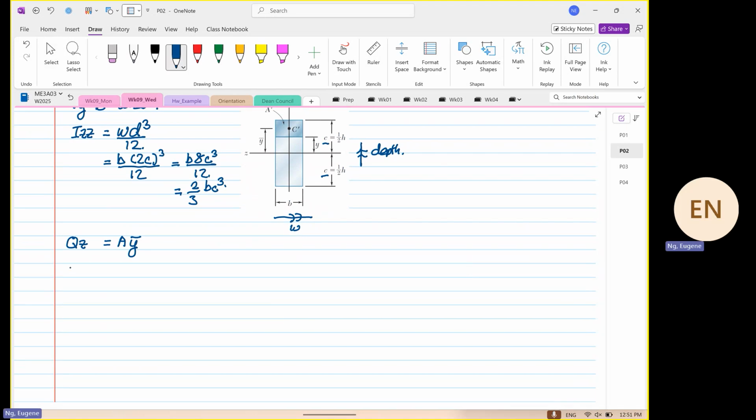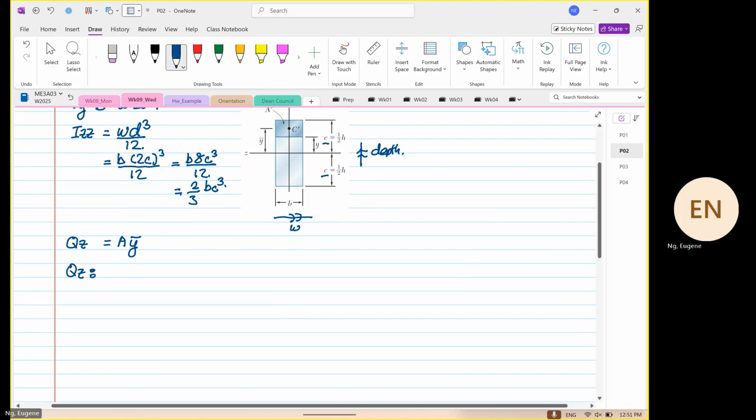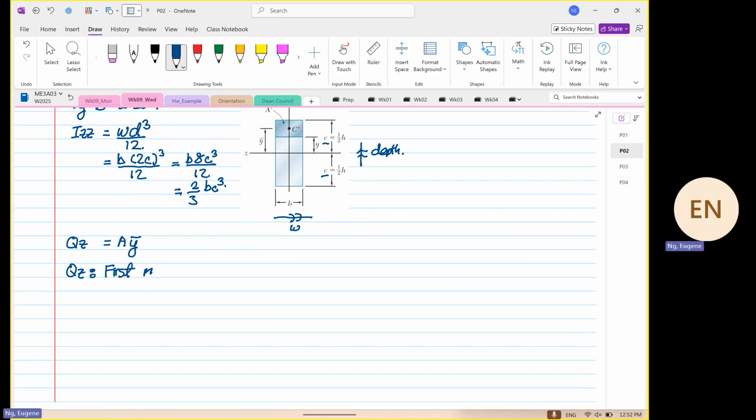So Qz is the first moment of area about the Z-axis. Okay.